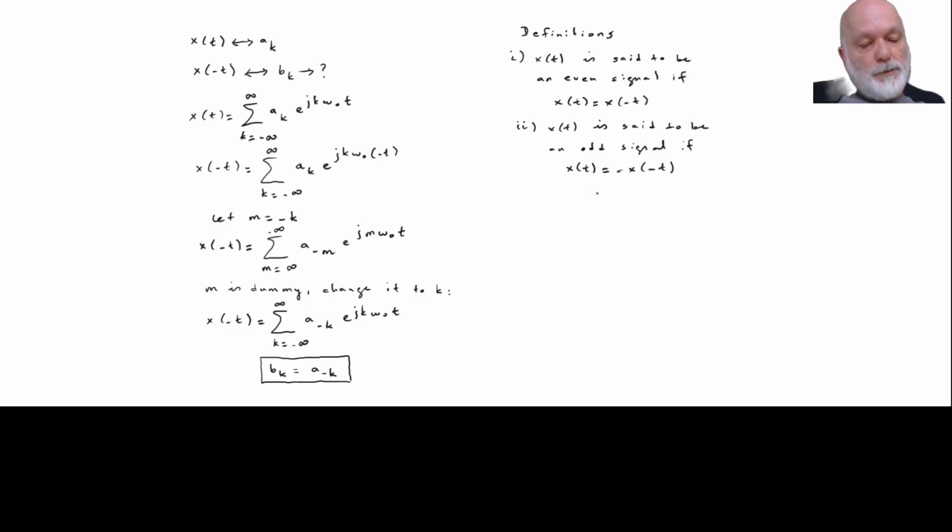After these two definitions, now we are ready to obtain some results related to real valued signals. Let x of t, with the Fourier series coefficients ak, be a real valued periodic signal.